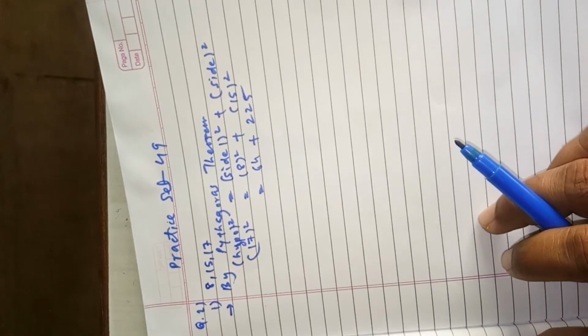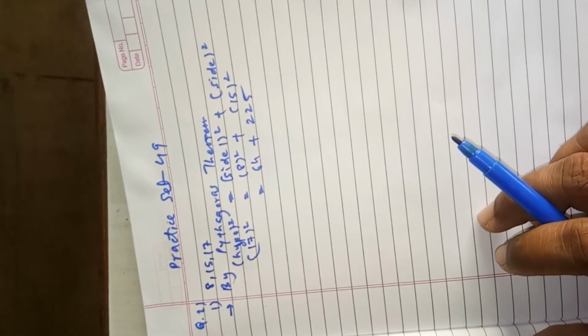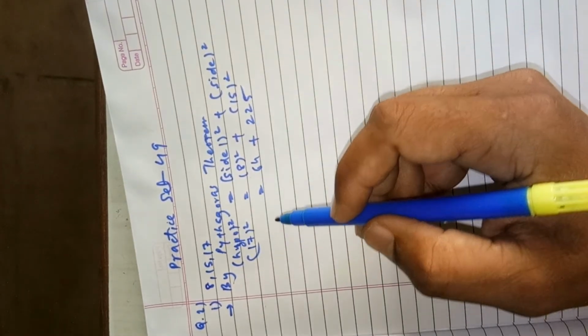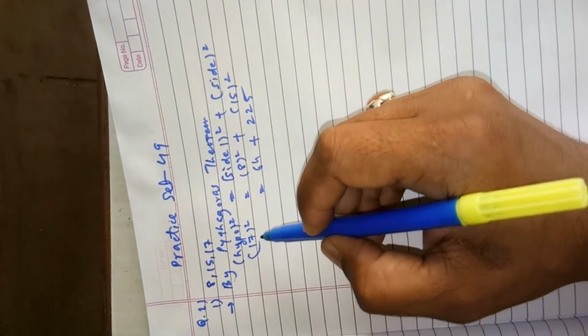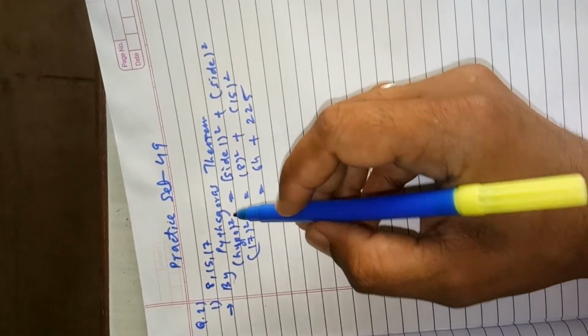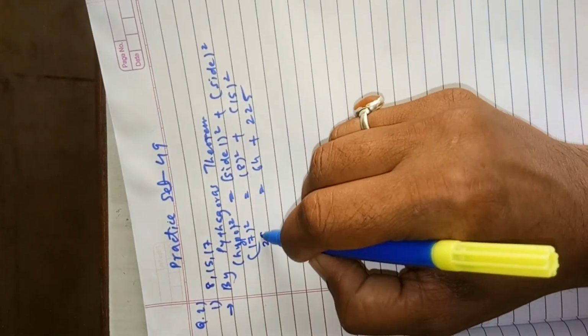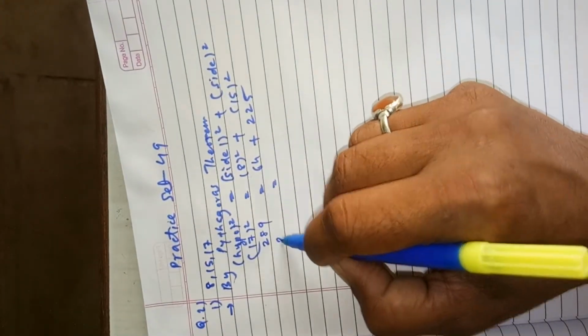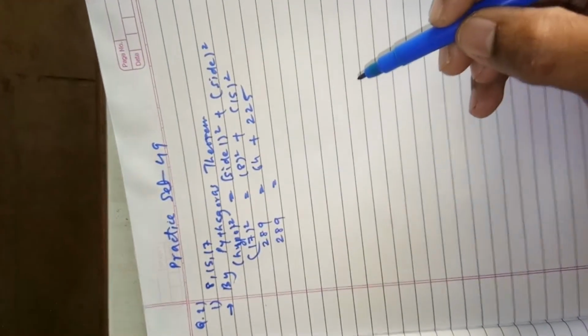You should learn the squares up to at least 30. Now the square of 17, if we find it, comes to 289. 289 as it is.